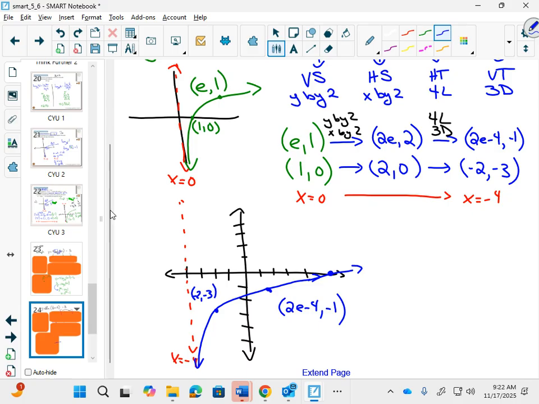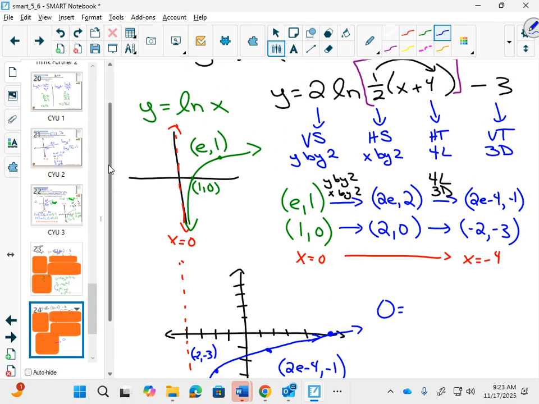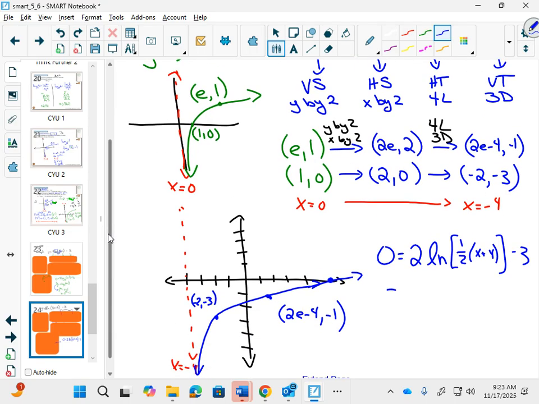If I wanted to label that x-intercept, I'd have to plug in 0 for y. So 0 equals 2 natural log. I move the 3 over and divide by 2 to get the natural log by itself.